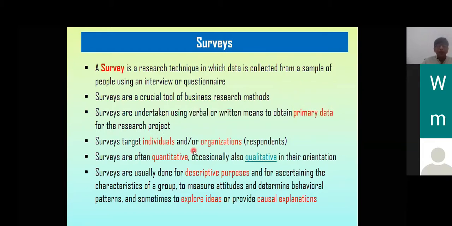Surveys target individuals or organizations. The respondent, the person from whom you are collecting your response, may be an individual or may be an organization. You may collect your primary data from an individual person or from an organization. Now for organizations, there may be one spokesperson for every organization.